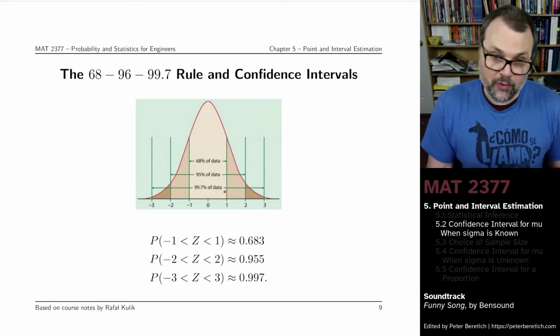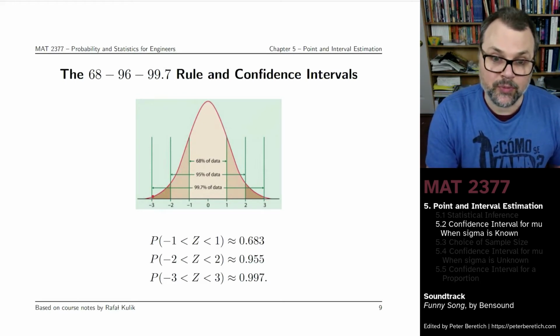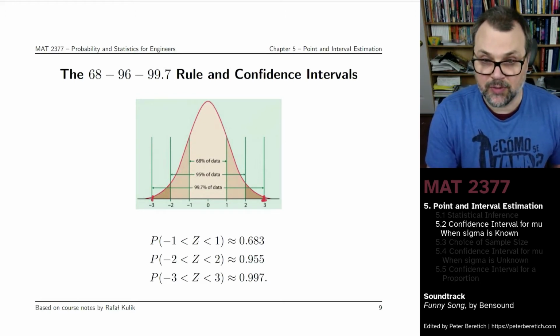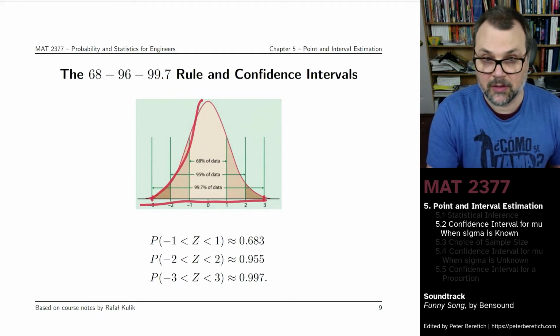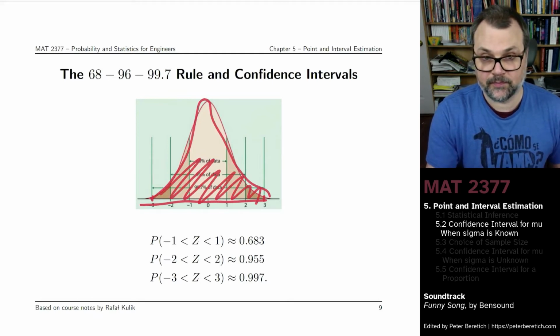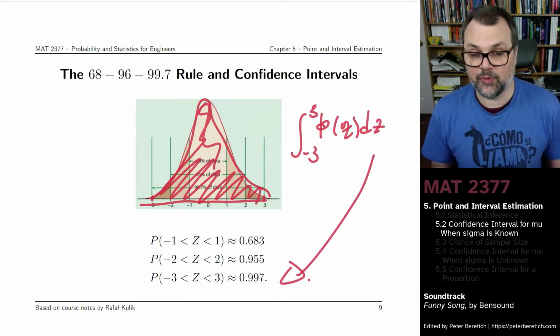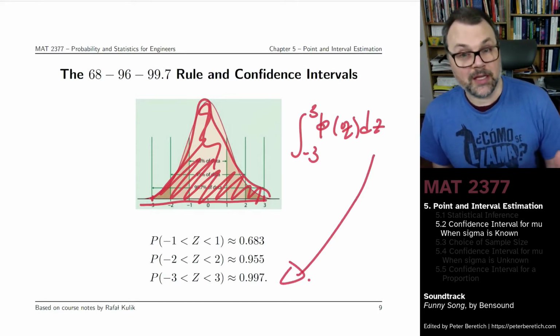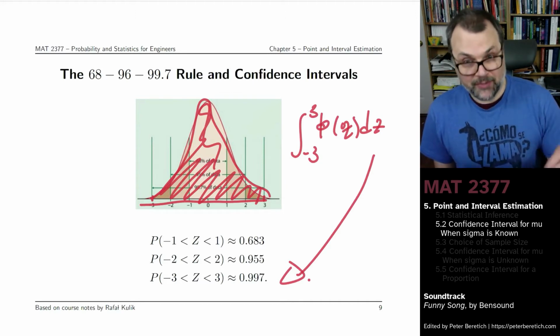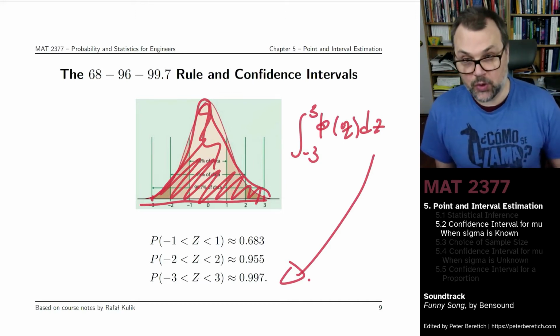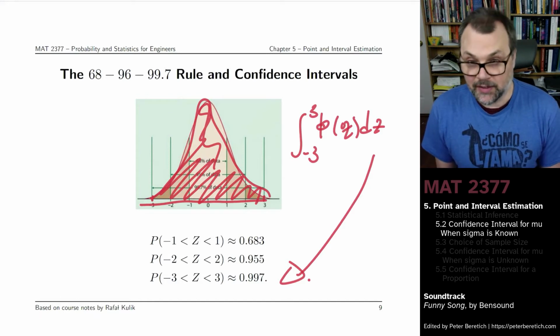You can go even further: the percentage of the data between -3 and 3 is about 99.7%. The overwhelming majority of observations you draw from a standard normal fall between -3 and 3.